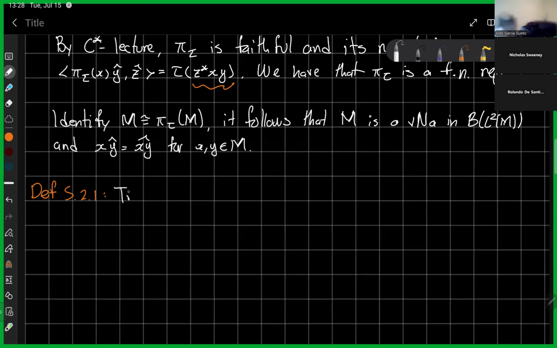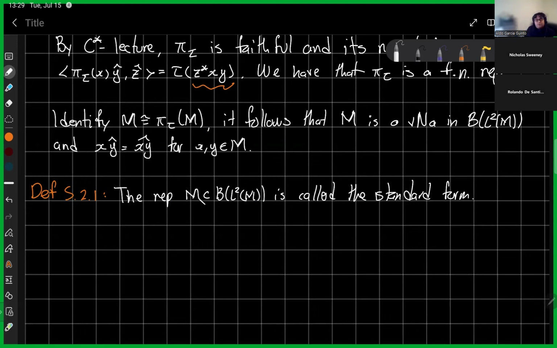The representation is called the standard form. So the standard form pretty much is saying it's the action or representation into this Hilbert space.